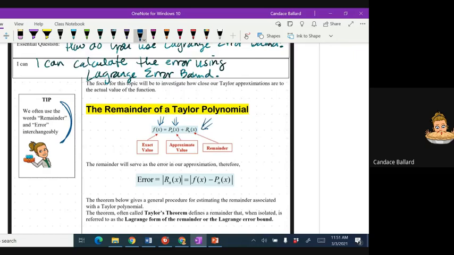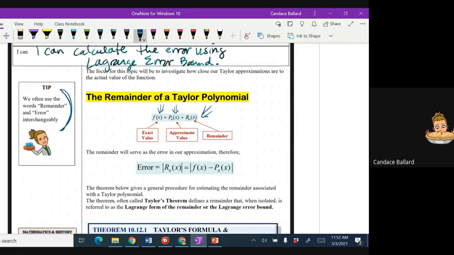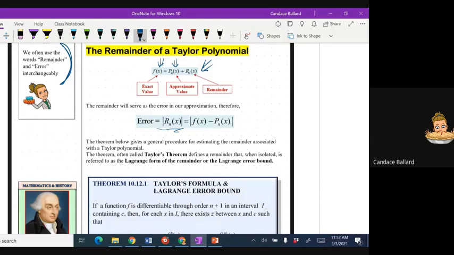So basically it's like what's beyond what they asked us to calculate. If we're 3rd degree, what's 4th degree? That's the remainder, okay? The remainder will serve as the error in our approximation. So basically our error is the absolute value of the remainder, or the value of the original function minus the value of the polynomial, okay?